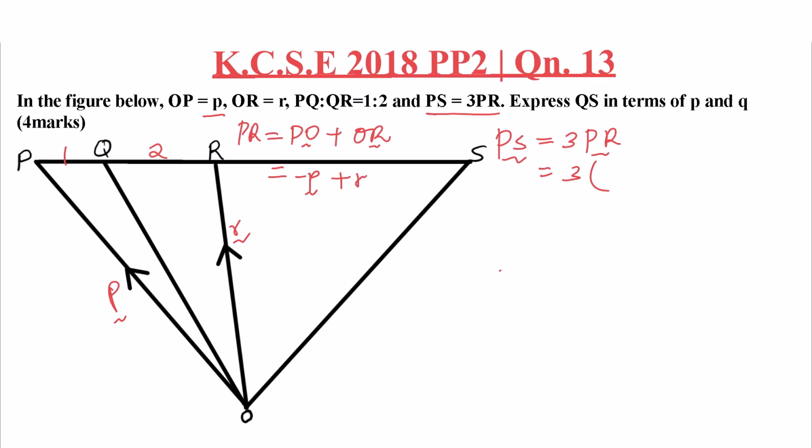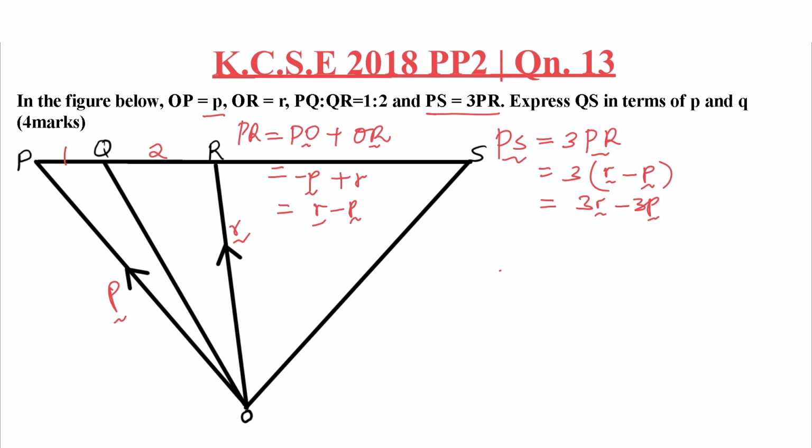So you can write this as r minus p, the same thing as minus p plus r. So PS is equal to 3PR, and PR is r minus p. Open the brackets, you multiply everything by 3, so this will be 3r minus 3p.